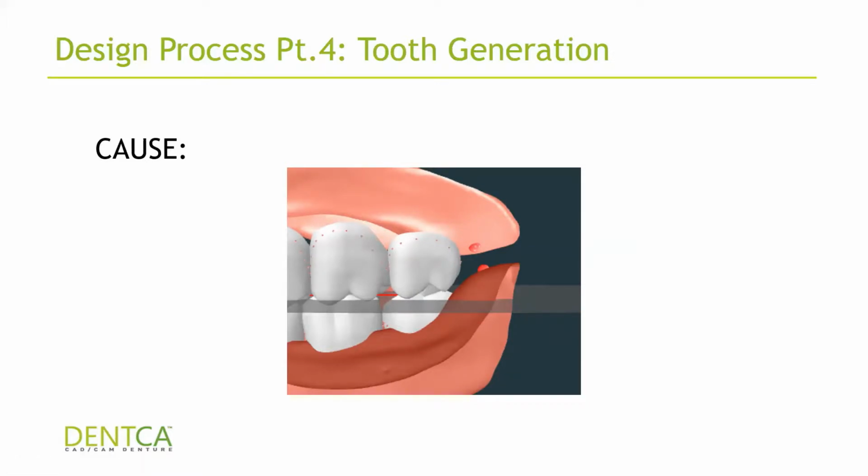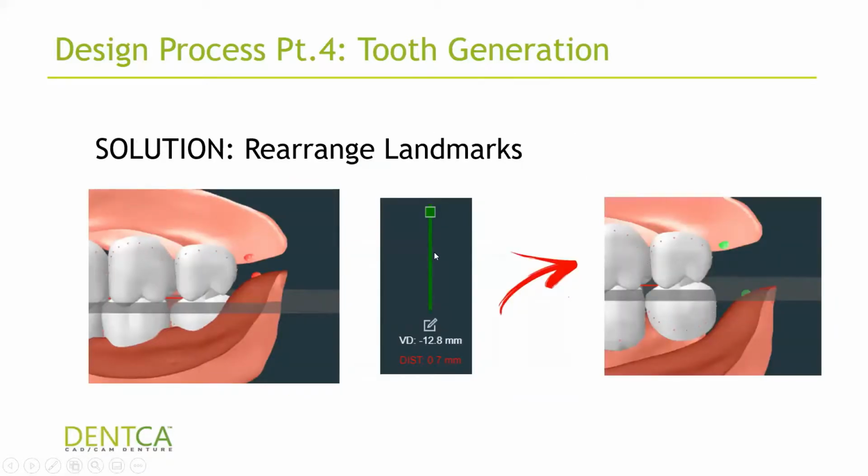So the way to go around that is playing with the toggle bar and moving it until these dots turn green. At the bottom here, it's going to tell you how much distance you need to open it by. So for example, in here, we're 0.7 millimeters short. So you need to open it by 0.7 millimeters.